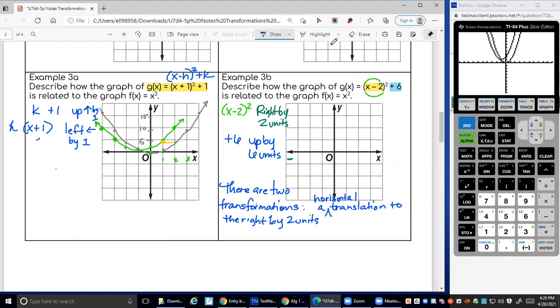Most of the time, I have seen this as a multiple choice type of question. And then the second part would be, and a vertical translation up by 6 units.